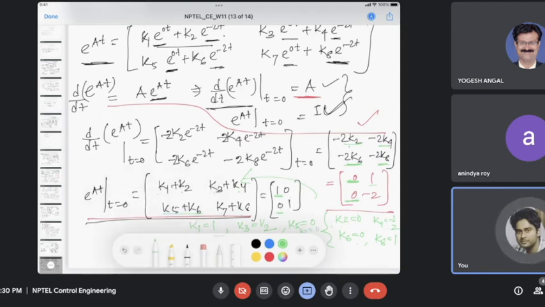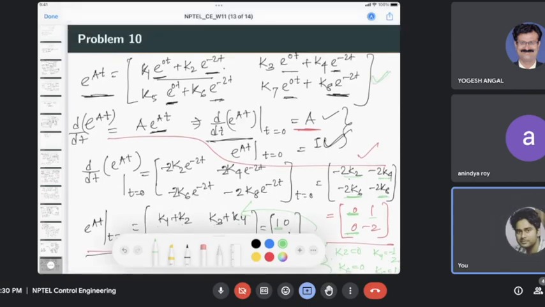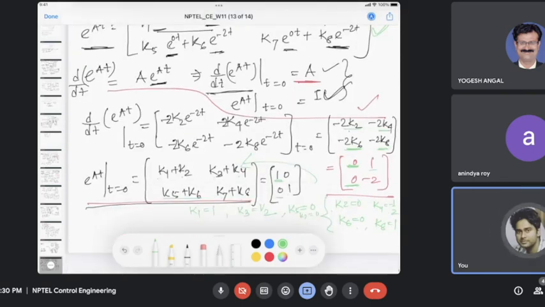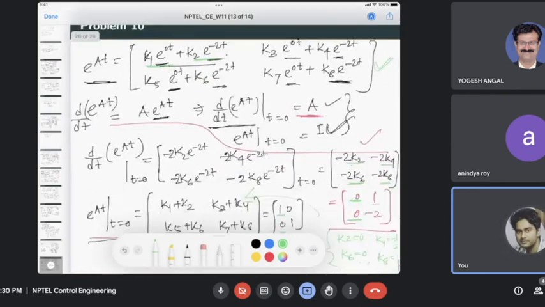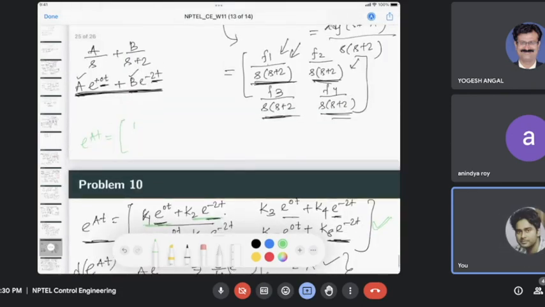So we will use these coefficient values in this assumed form. So then what is this? e to power At, k1 equal to 1, k2 equal to 0. So the first term will be just 1, the second term is 0. k3 is half, k4 is minus half, so we have half times 1 minus e to power minus 2t.